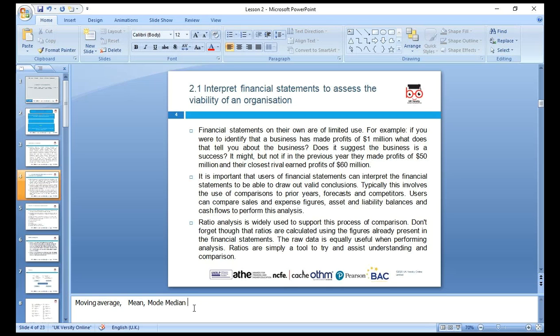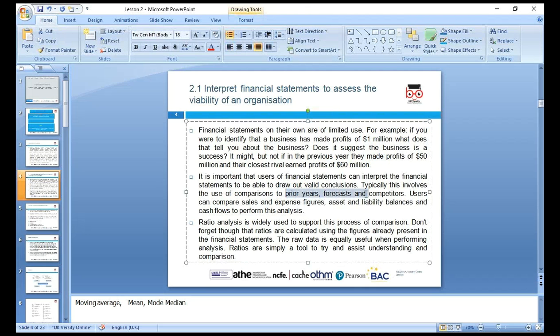It is important that the user of the financial statement can interpret it and draw a valid conclusion. Prior year, forecast, competitors, all we need to look at: previous year, forecast, and competitors' figures.